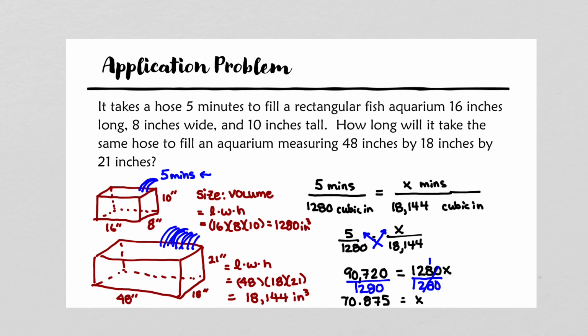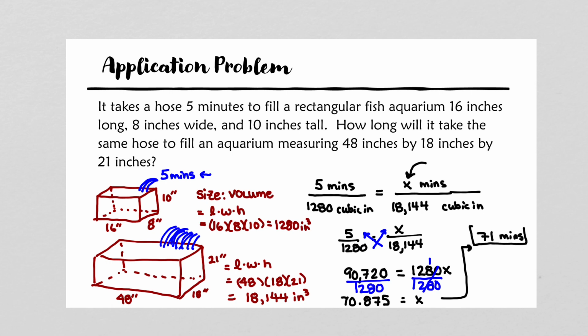What were we measuring with X? X, recall, was measuring the amount of time it would take the hose to fill that second aquarium. Generally speaking, they're going to ask you to round to the nearest minute. So I'll just round to the nearest minute, and 70.875 then becomes 71 minutes.